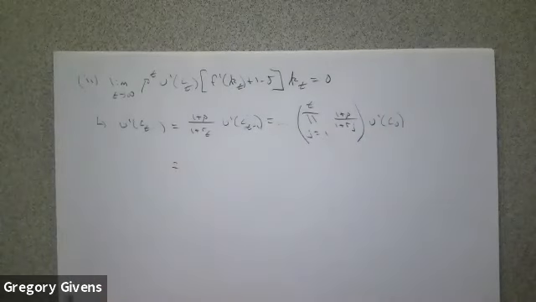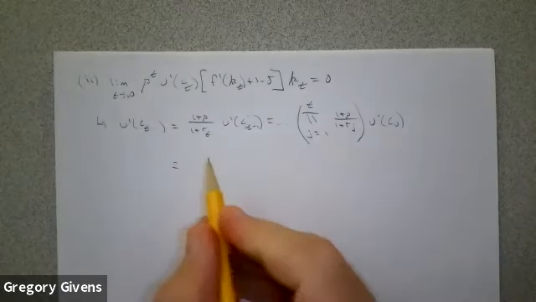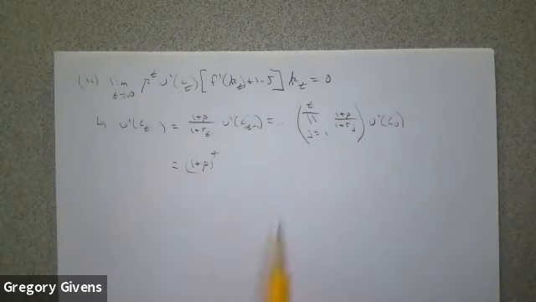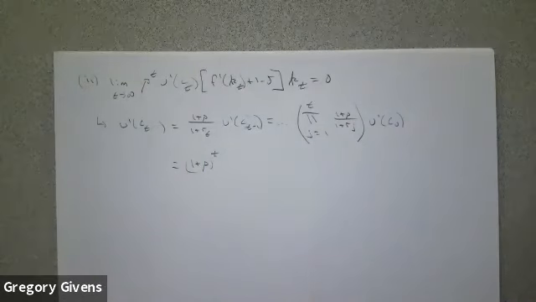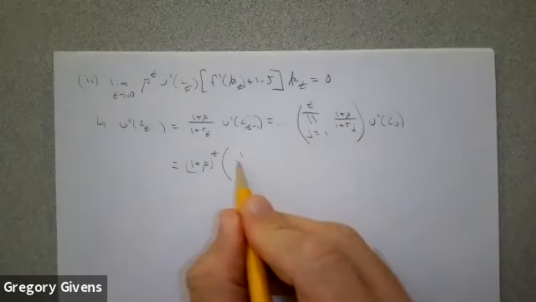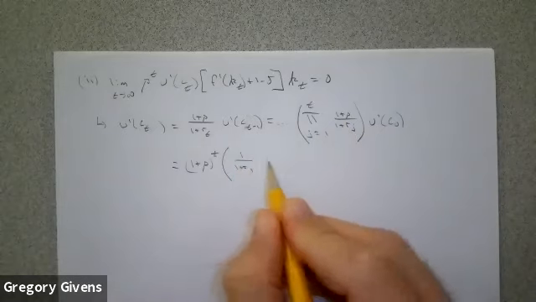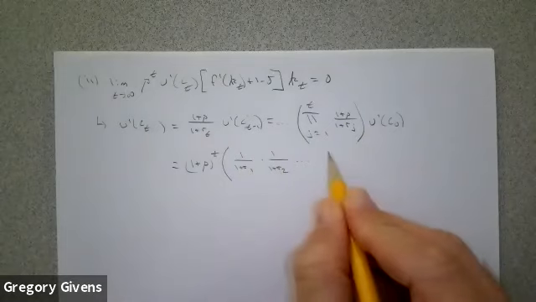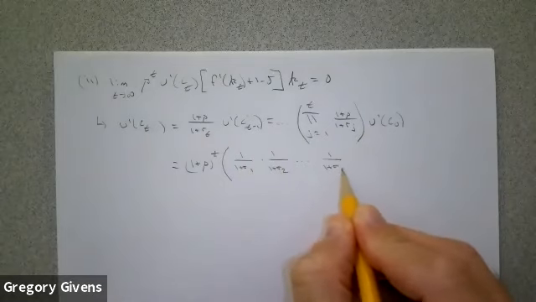Well, what's that equal to? If I expand that product, looks like to me it's (1 + rho) to the t, right? There's lowercase t terms here in that product, times 1 over (1 + r1) times 1 over (1 + r2), all the way out to 1 over (1 + rt).